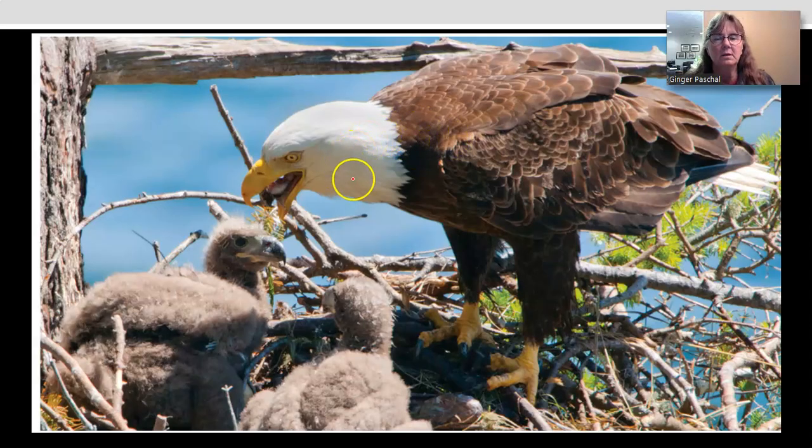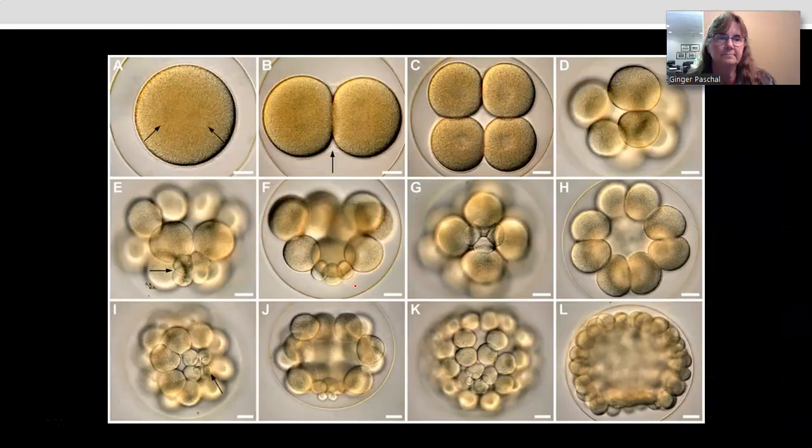When these eagle chicks were born, they were already made of tens of thousands of cells. And we're going to talk about how those cells were produced through a process of mitosis.